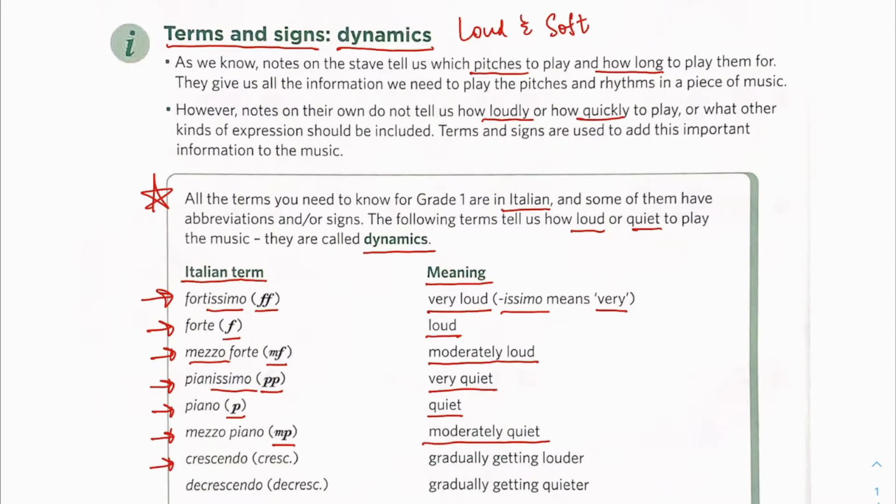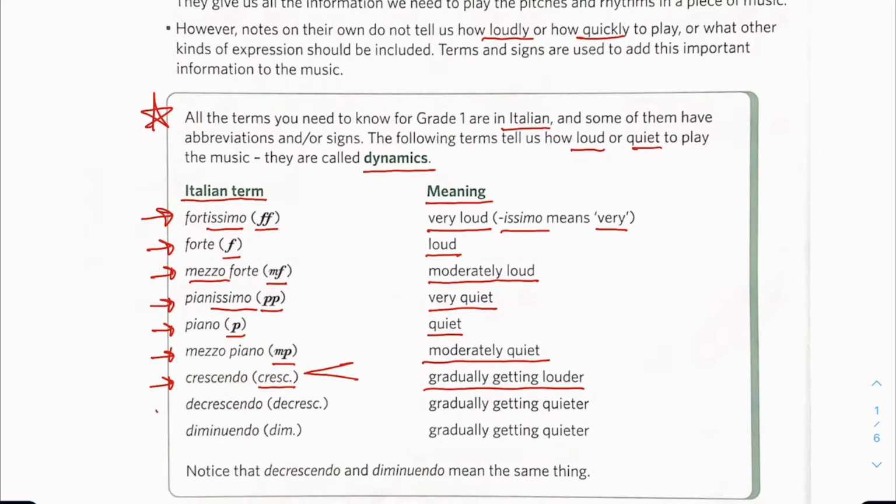Crescendo, with abbreviation CRESC, or sometimes it can be represented as an arrow, like this. It means gradually getting louder. Decrescendo, or abbreviation DECRESC dot, sometimes it can be shown as this arrow.